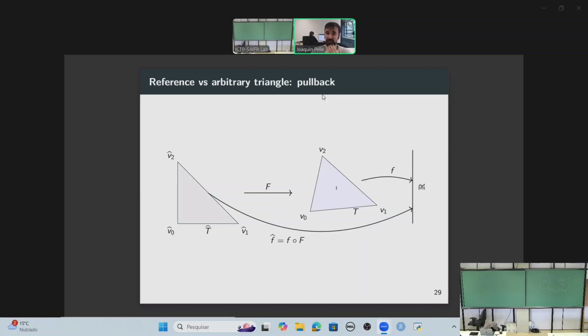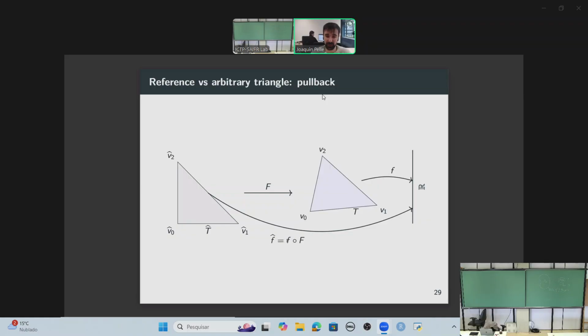This is essentially what's called a pullback, and it's rather simple. If we know how to go from the physical triangle to the real numbers, and we also know how to go from the reference triangle to the physical triangle, we trivially have a way to map the reference triangle to the real numbers, which is essentially by map composition.